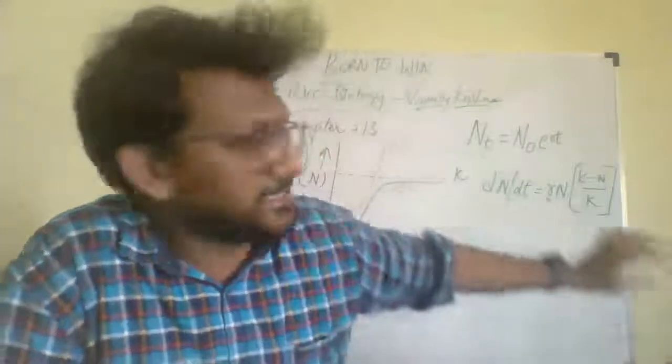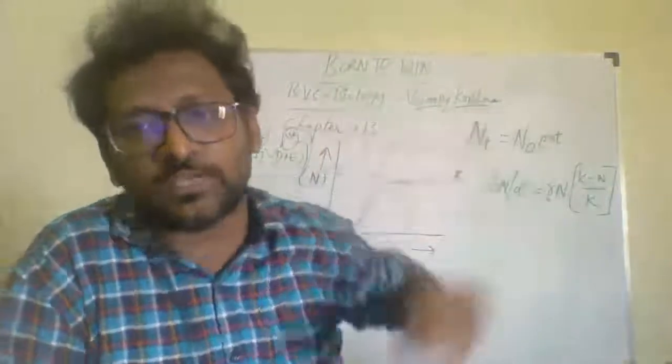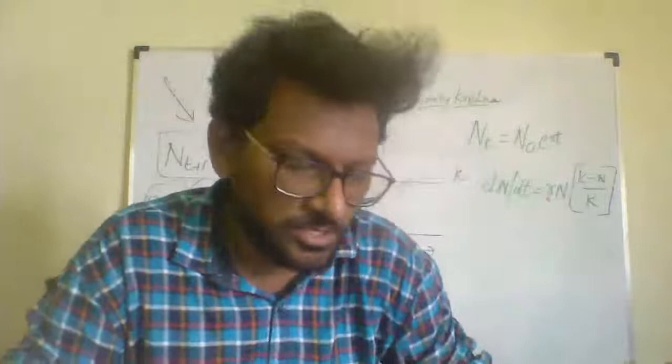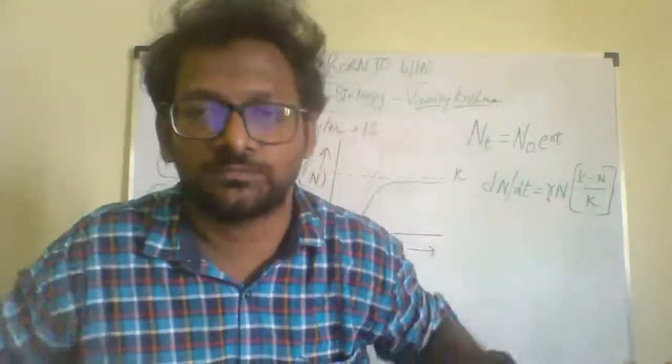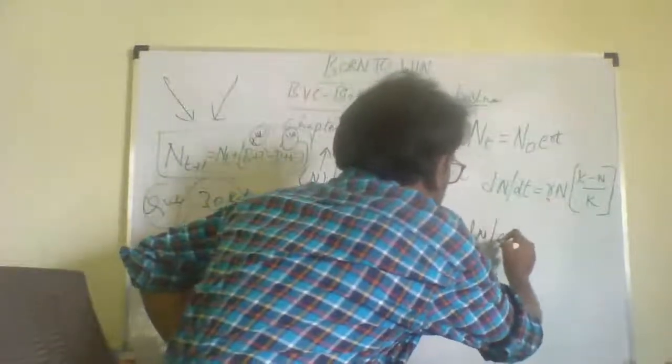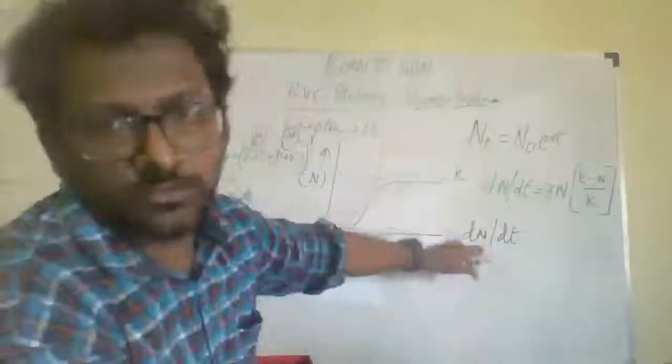So this is the integral form of the exponential growth equation. If you see this exponential growth equation, it can be written in this way. Okay, so this exponential growth can be written in this format, right?